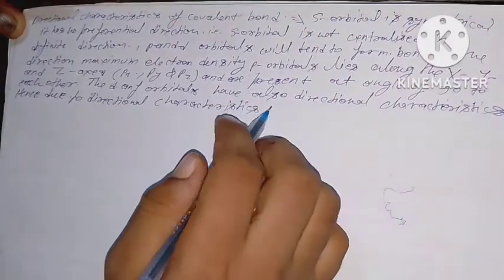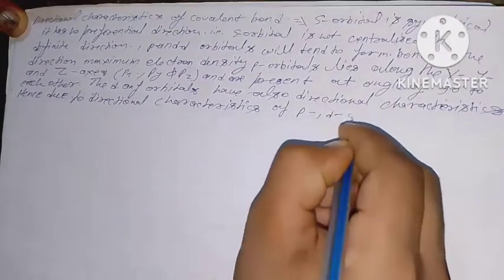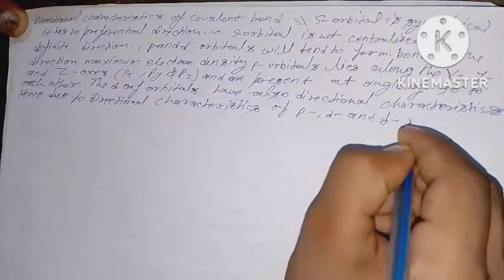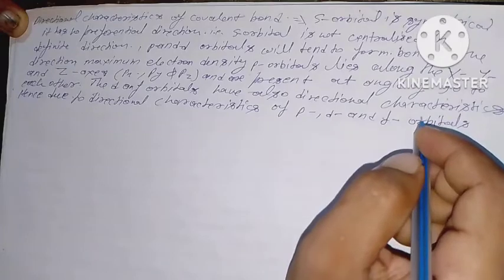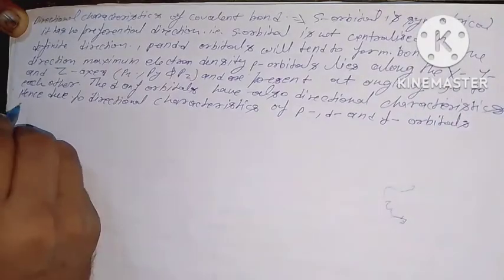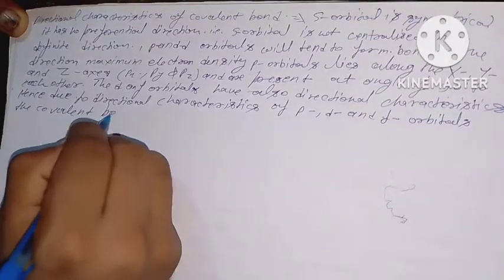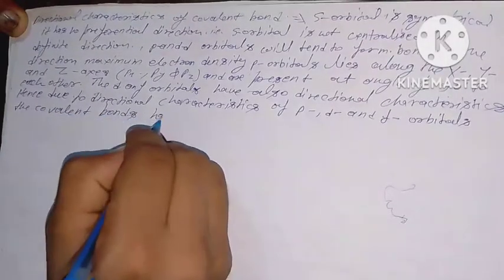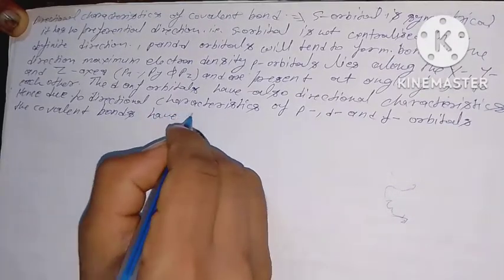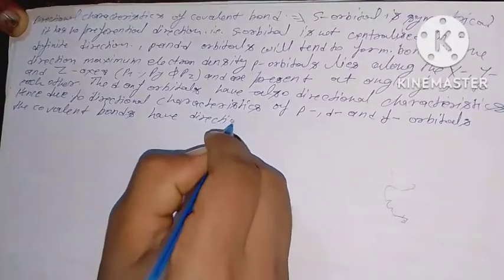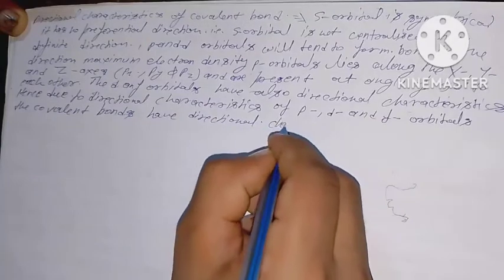Hence, due to the directional characteristics of P, D and F orbitals, the covalent bonds have directional characteristics.